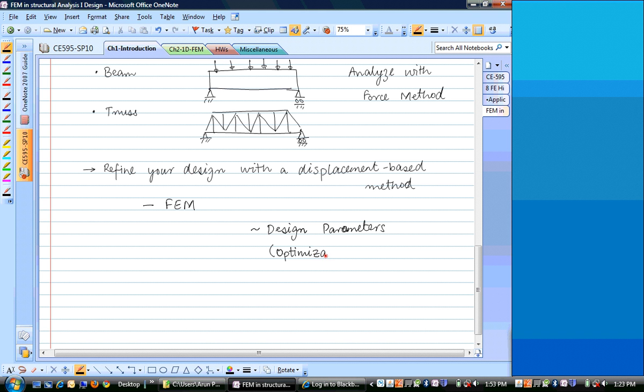And FEM can also be used for optimization. So what kind of optimizations do we typically do when we are designing structures? One thing is obviously we want to save material, right? So sure, we want to save material and cut cost. Anything else?